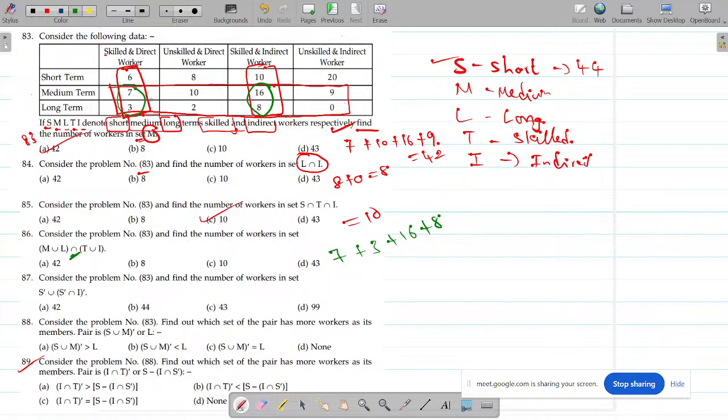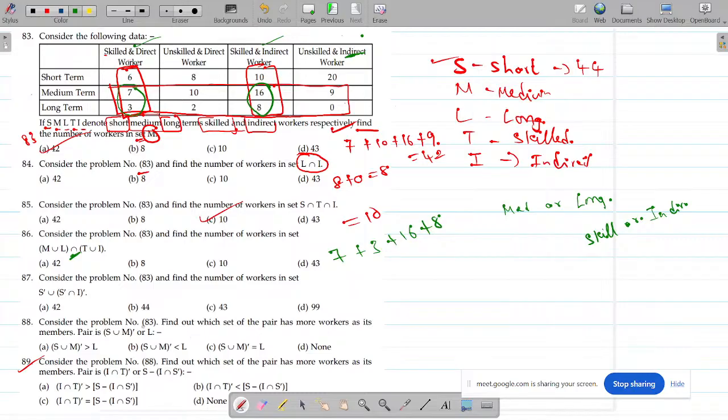Intersection means common. So it can be medium or long term worker. And T is skilled or indirect. So skilled is this one. Indirect. Okay, I didn't consider this one. See, indirect I have here, right? So I did not consider.